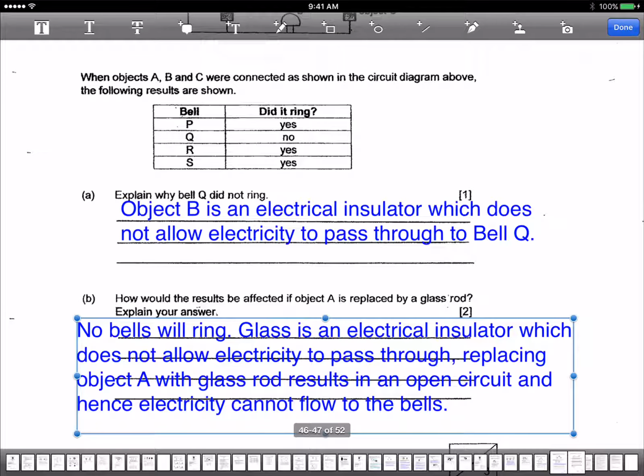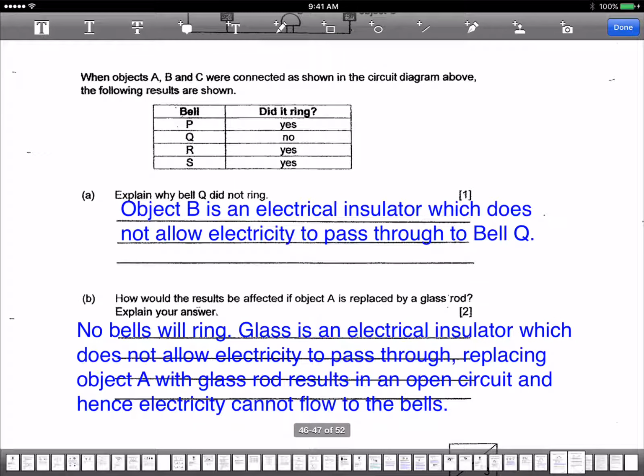Okay, so there are two things here. The whole thing becomes an open circuit once you put a glass. Second thing is glass. Why it becomes open circuit is because glass is an electrical insulator. Right? Two ideas you must mention here.